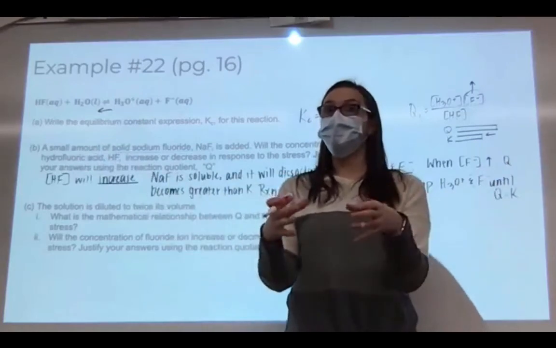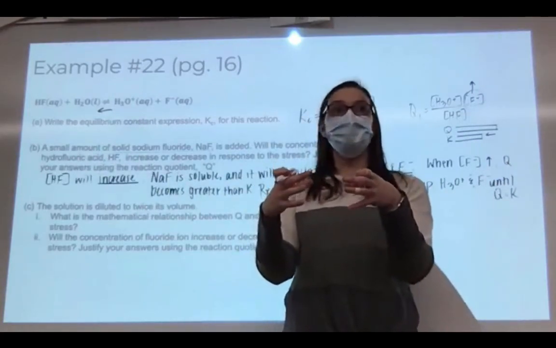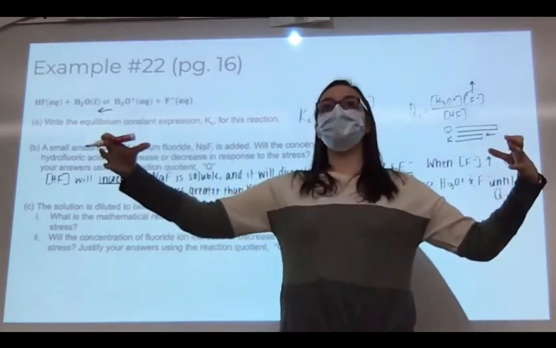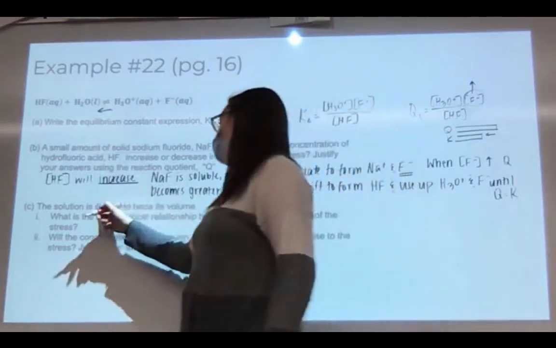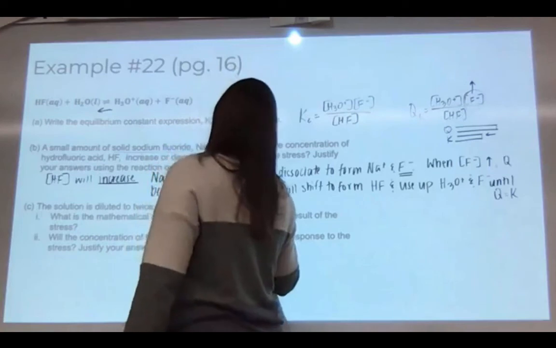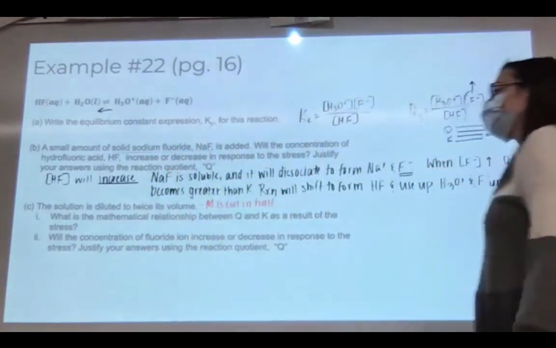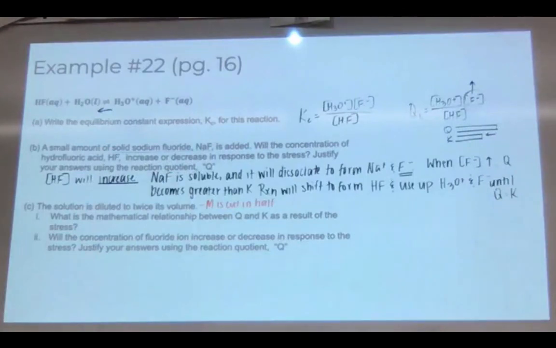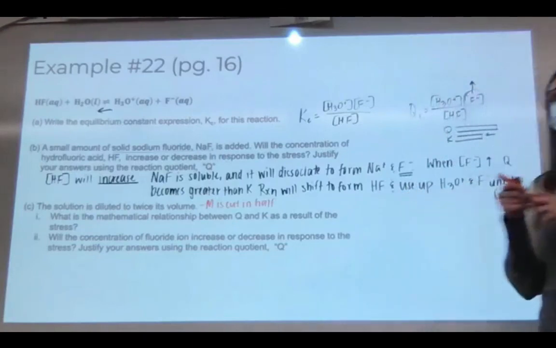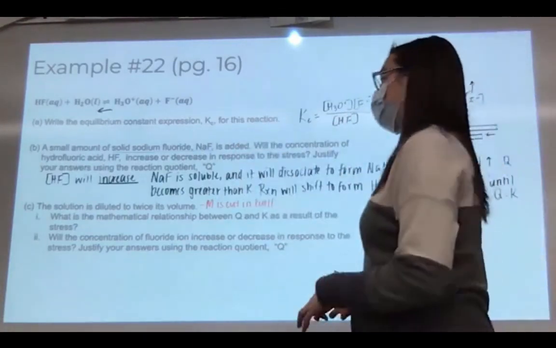So let's say instead of a 1 molar solution, 1 mole over 1 liter, you now have 1 mole in 2 liters. So when you dilute a solution to twice its volume, you're actually cutting the molarity in half, because now you're dividing by a number that's twice as big.